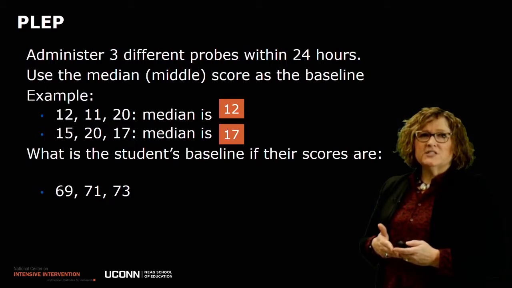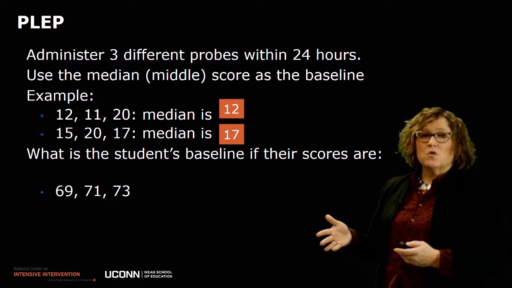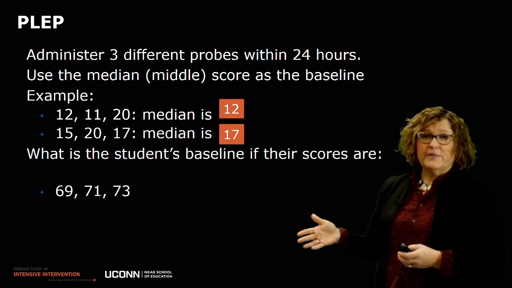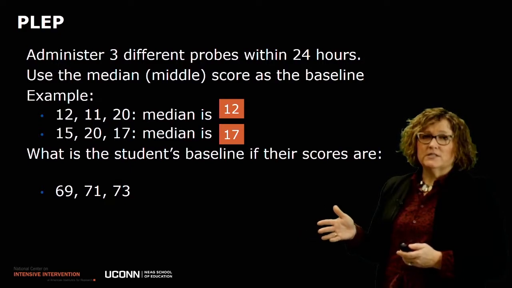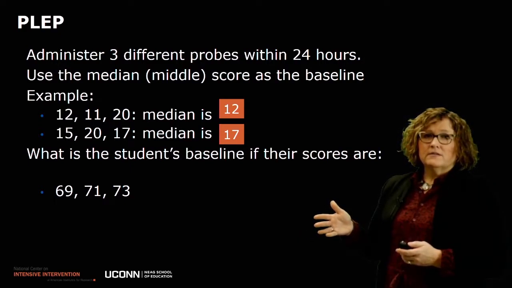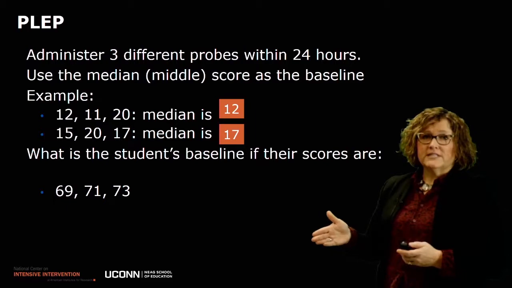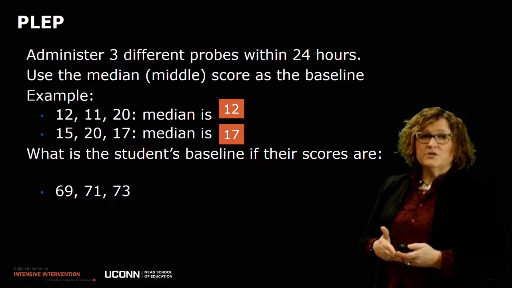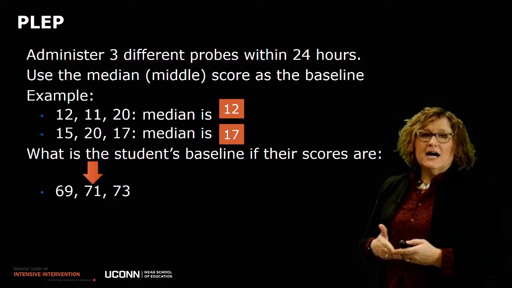And then what would be the student's baseline if the student's scores on the initial 3 measures are 69, 71, and 73? Right? Rank order, least to greatest, and then the middle score is, good, 71, okay? It was right in the middle there.